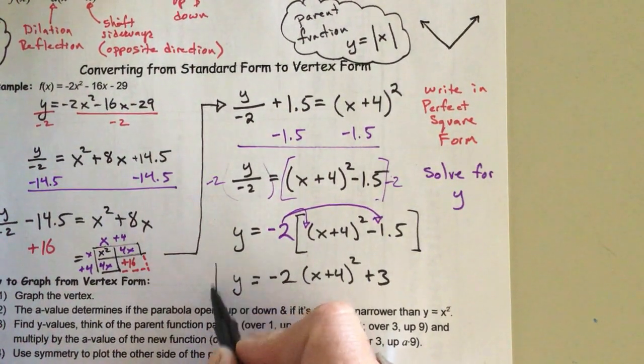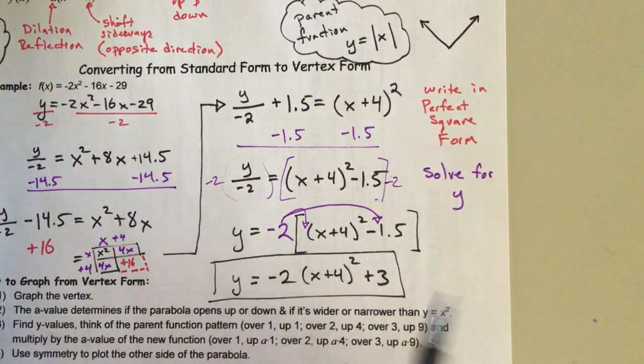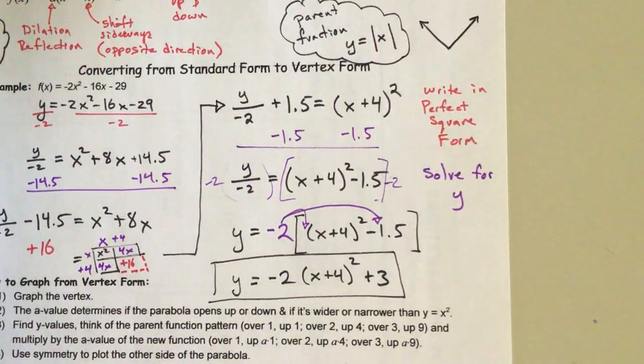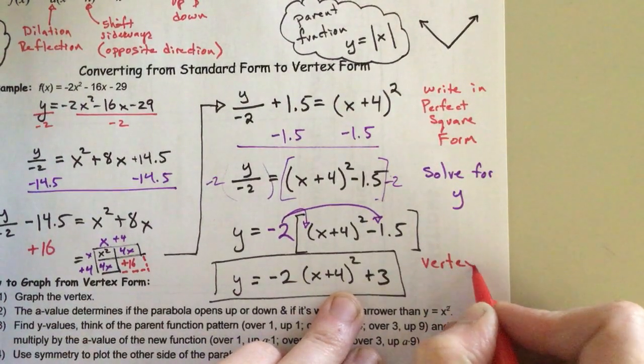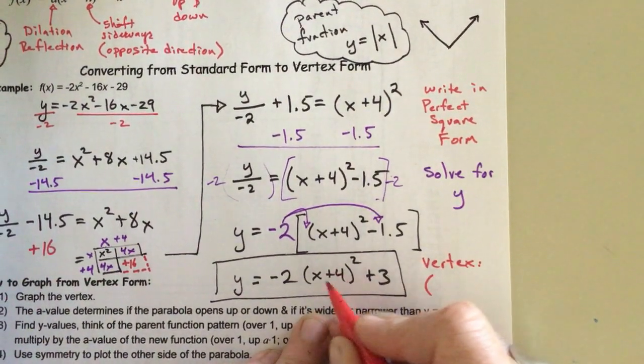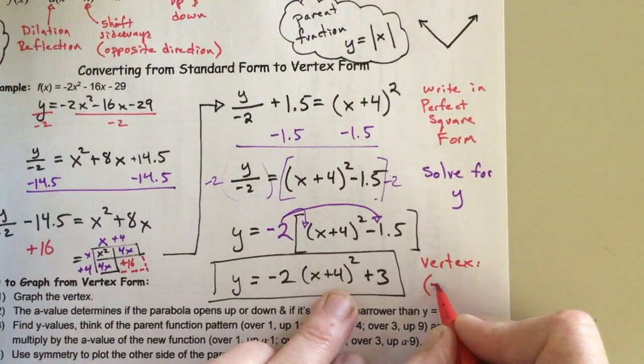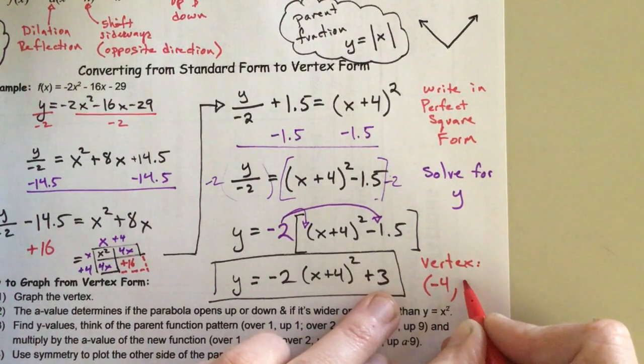That is my vertex form. And my vertex, I can see, is going to be at the opposite of what's inside the parentheses, so negative 4, and then the last number, 3.